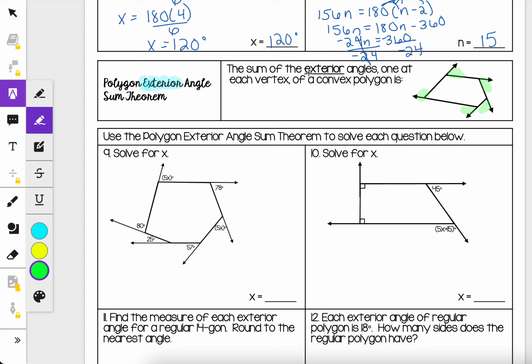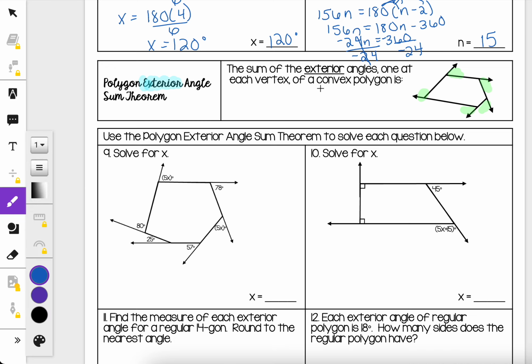The sum of the exterior angles, and this is important, we're only talking about one at each vertex, so we're only extending the sides in one direction. The sum of those exterior angles is going to be equal to 360 degrees. It doesn't matter how many sides your polygon has, it is always going to equal 360 degrees.